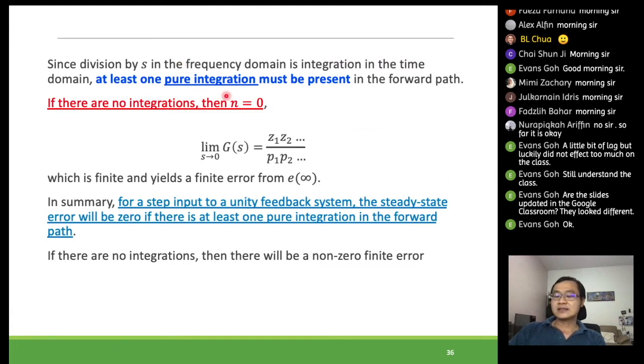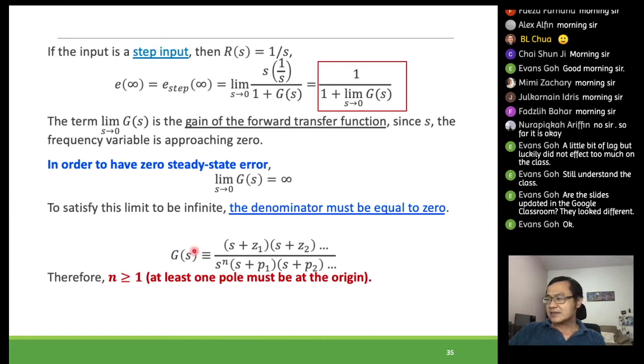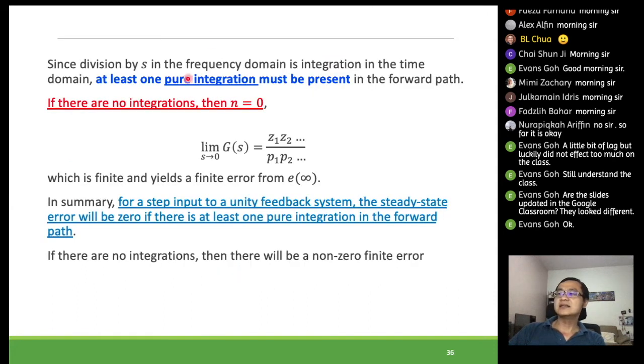We call this s itself an integrator, a pure integrator.